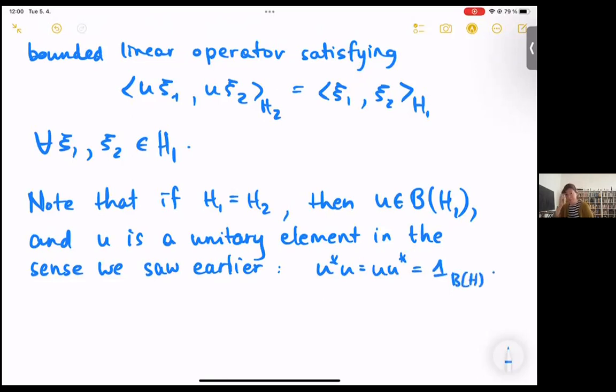So indeed, this is of course why unitary elements are called unitaries. Now we know that we can always represent our C-star algebra on a Hilbert space. So in fact, unitary elements in this C-star algebra are in fact unitary operators.